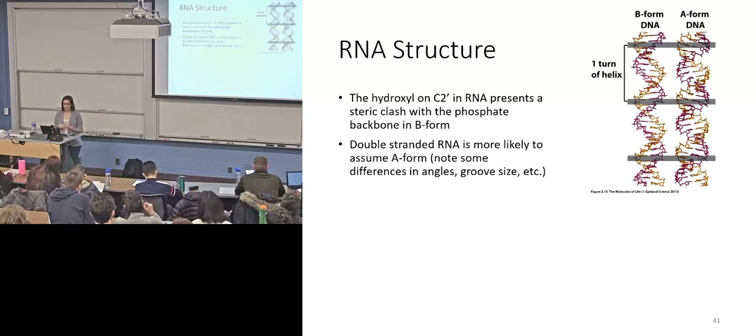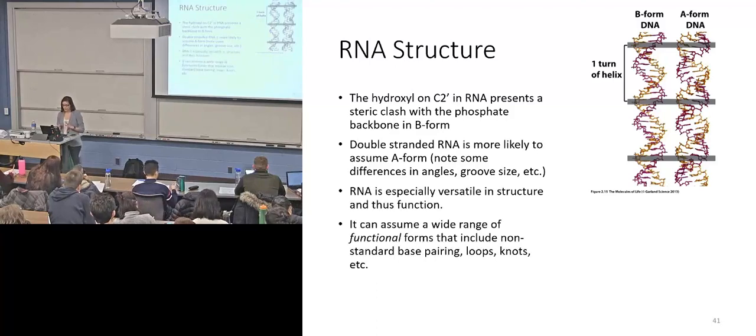And again, you can look at that table to get ideas about some of the differences in angles and size. But RNA is especially versatile in its structure and its function. It's definitely not always a double-stranded A-form helix. It can be in many forms, and because of that, it's super functional.